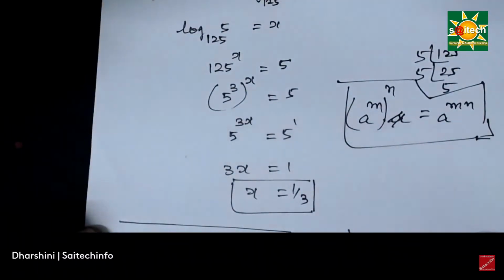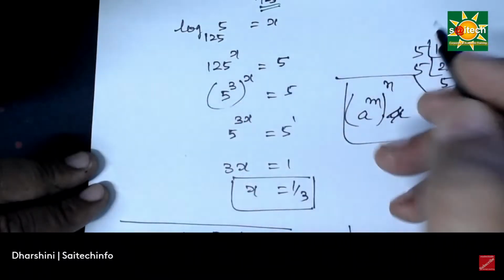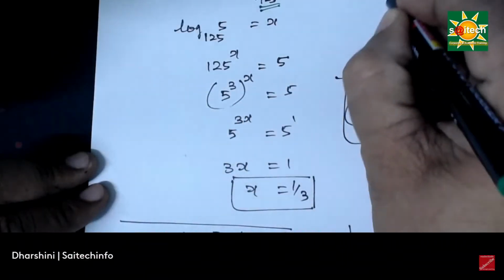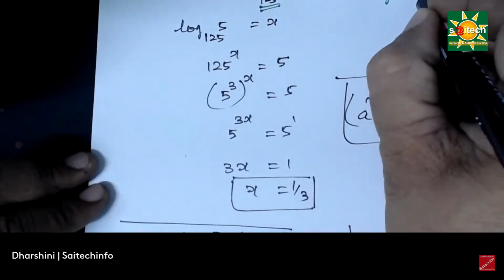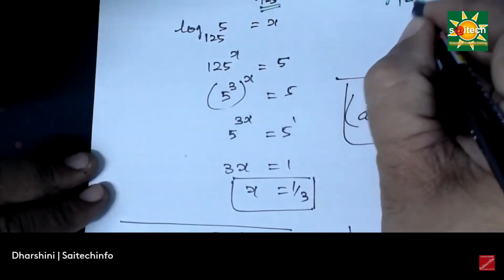Got it? Evaluate log of 5 to the base 125. When you write the logarithm, you must always leave a space like this and put the base here. So this is 125.